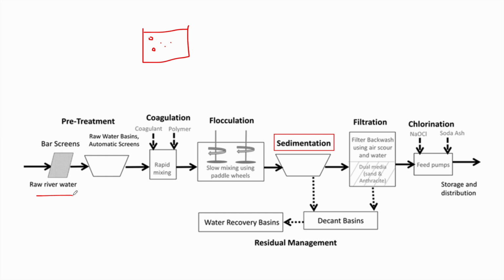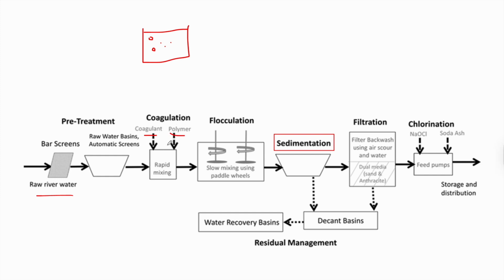Then we have a very crucial step, which is the coagulation and flocculation. As a quick overview of this step, in the coagulation process, we add a coagulant, and sometimes we can help it with a polymer.